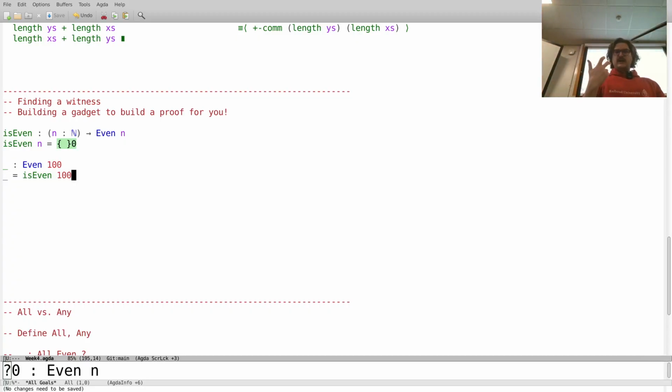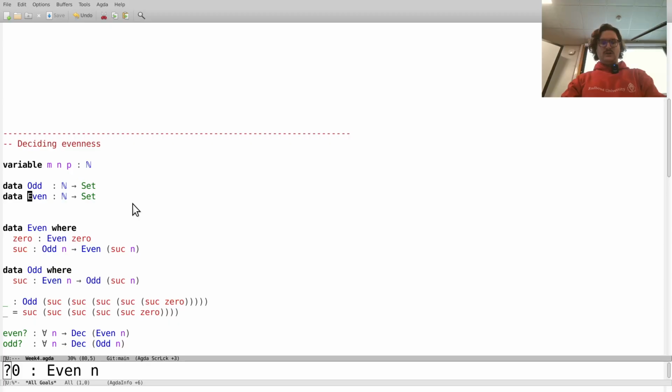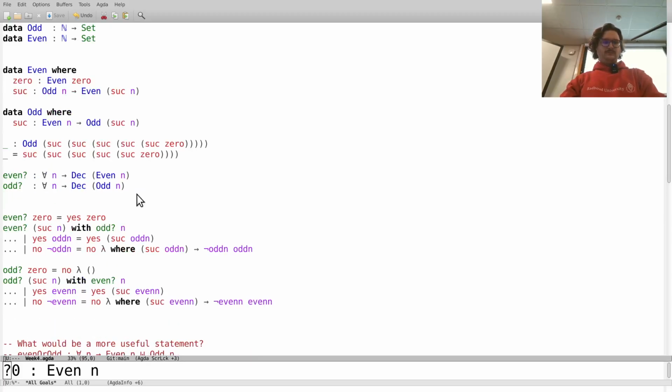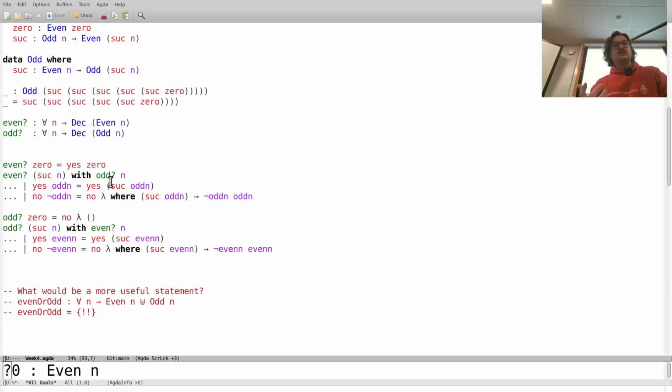So the trick here is to use the search procedure that we saw yesterday to get Agda to generate the proof for us. We're saying, well, the machine knows how to decide whether something is even or not.